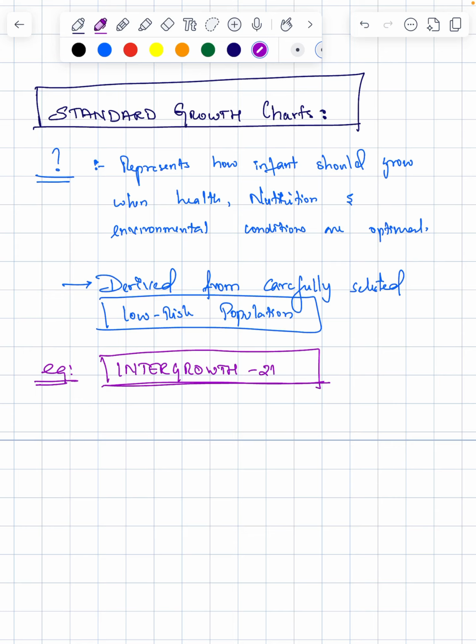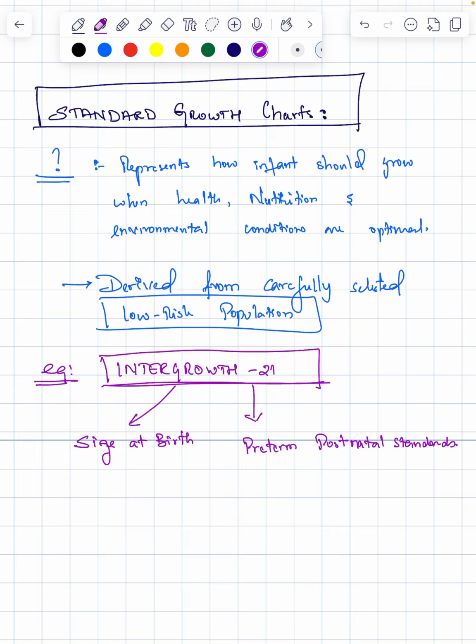In your Intergrowth 21 project you have charts like the Intergrowth 21 size at birth chart. Next you have your preterm postnatal standards. Okay, so these are the two charts you have in your Intergrowth 21 project.